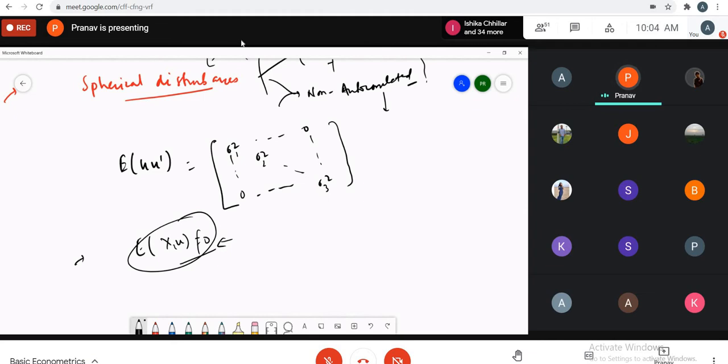So this violation of non-zero correlation of error with the regressors in the current period observation is a much more serious violation. And when such things occur, OLS is neither an efficient nor a consistent estimator. Consistency is a large sample property.